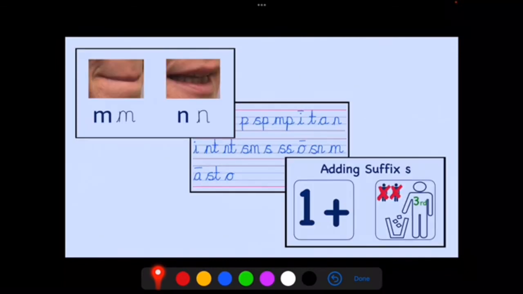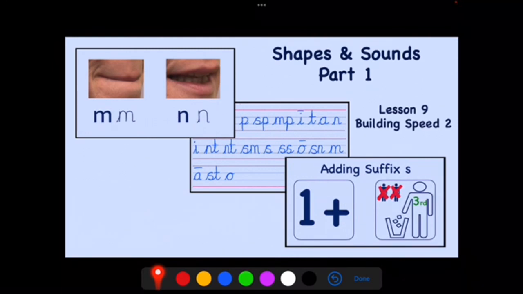Now, if you'd like to, go over the letters that we included in part 1 of Shapes and Sounds, then you can go back to lesson 9's Building Speed 2. We carried all of the vowel sounds into part 2, but it'll give you a chance to practice the consonants and consonant blends.